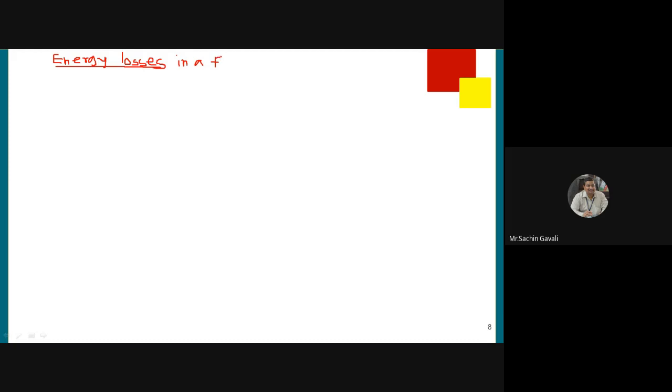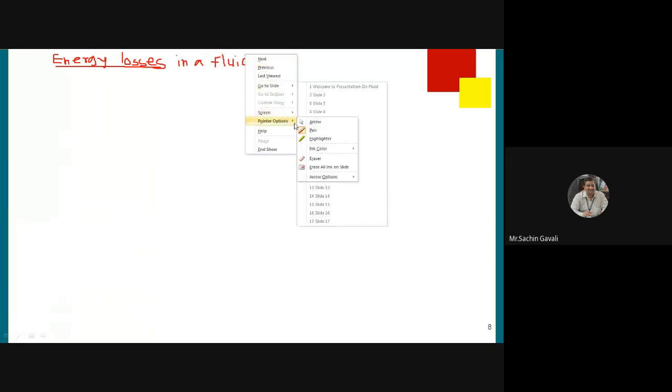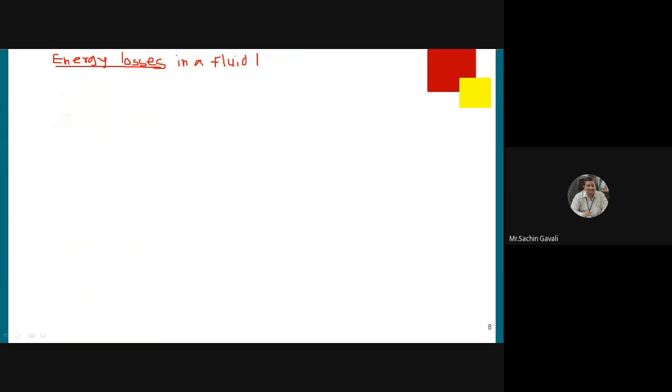When a fluid flows from one place to another place, definitely there are energy losses in the pipeline system, the fluid flow system. So first we'll go for the energy losses, or they are also called head losses. Write down with me.